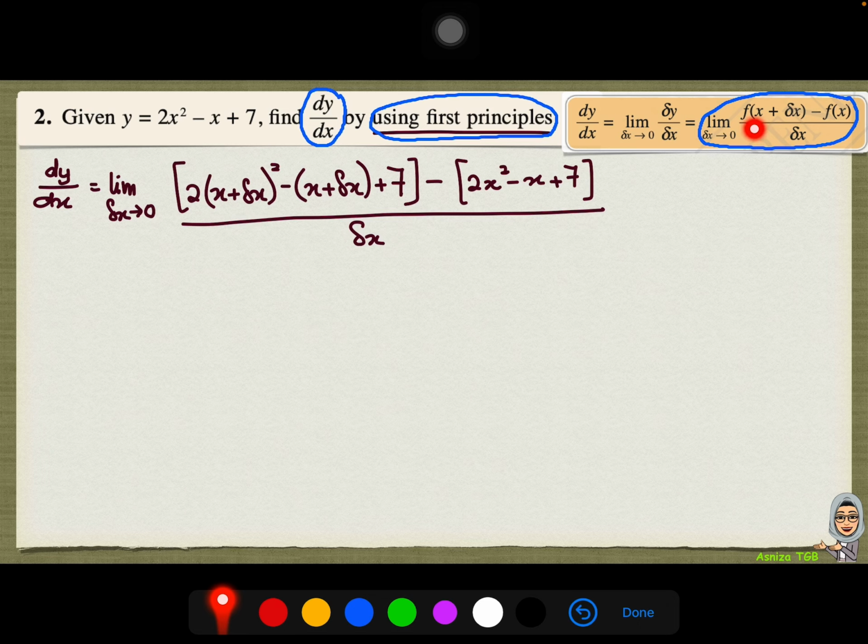This is f(x plus delta x). And then minus f(x) itself, so minus (2x squared minus x plus 7). And you have to divide all this by delta x. Now we have made use of the concept of limits.